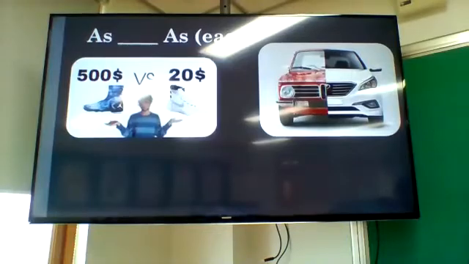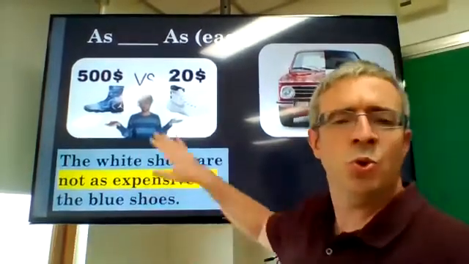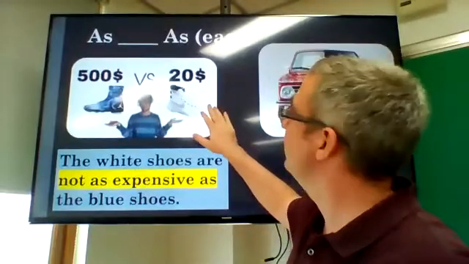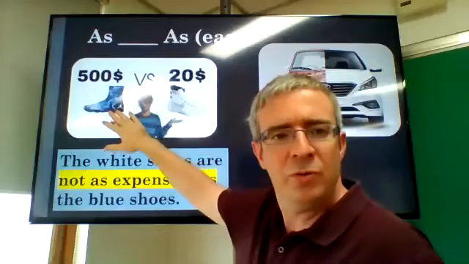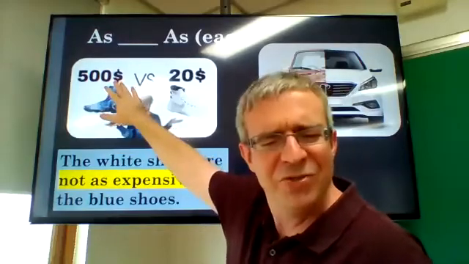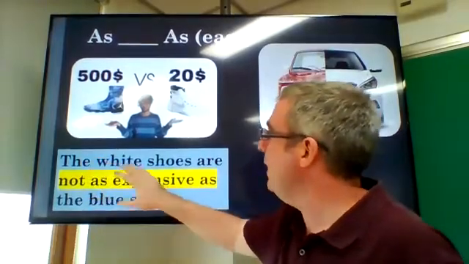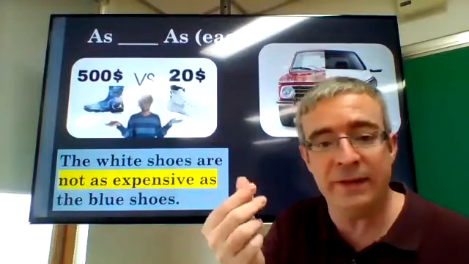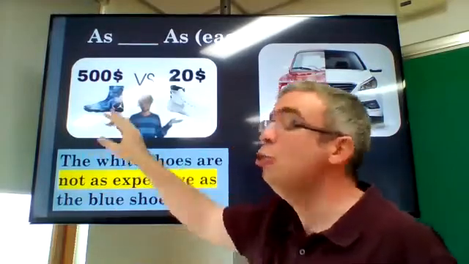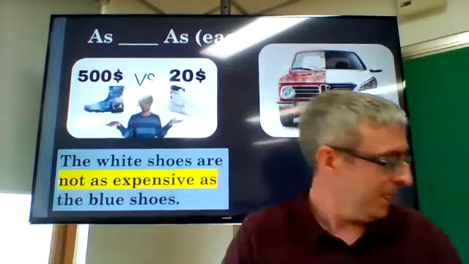Okay, here's another couple of examples. So we have white shoes, $20. Blue shoes, $500. It's crazy. So the white shoes are not as expensive as the blue shoes. So the price is different.